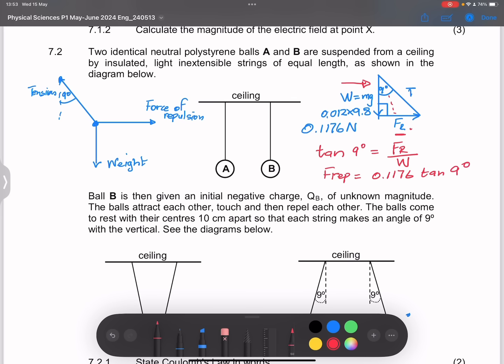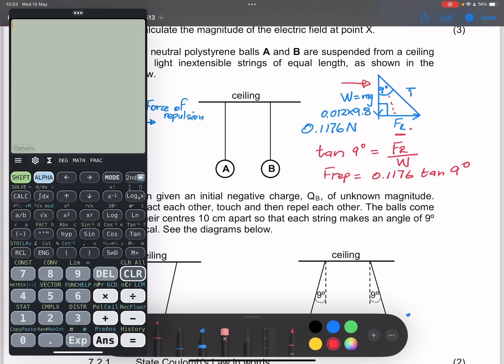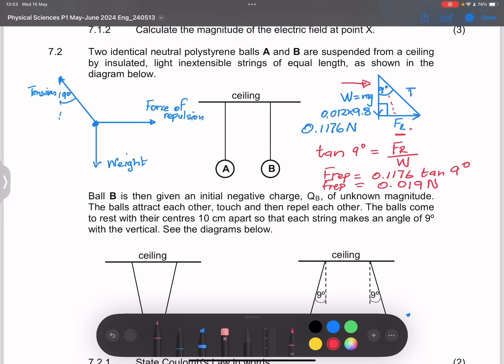All right, so let's find that. 0.1176, the tan of 9 degrees. I'm going to leave that answer there. Okay, so that gives us, let's say 0.019 newtons. So that's the force of repulsion.